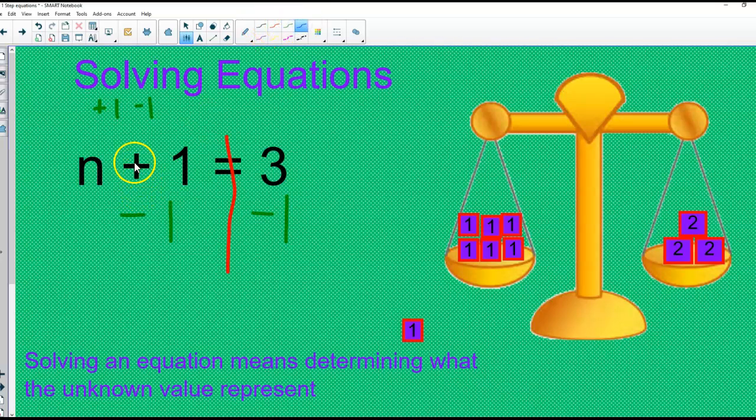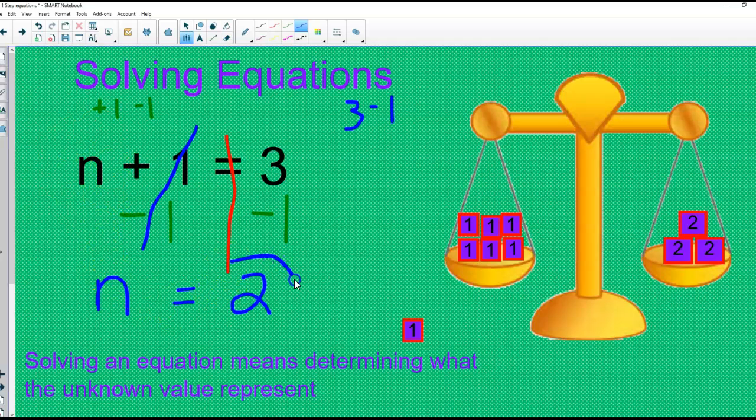Well, as we said, plus 1 minus 1 equals 0. So really this is gone. So the only thing on the left is my n. And the only thing on the right, the equal sign is still there, but this is 3 minus 1. And we get a 2. So we have shown that n is equal to 2 in this problem.